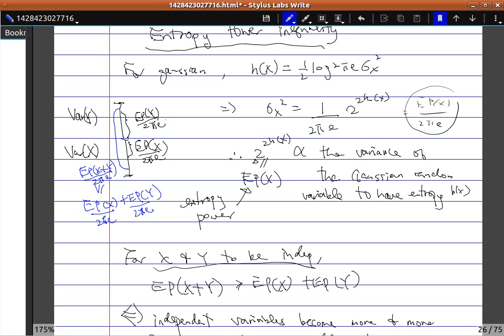So that the sum will become more Gaussian than the originals. And that's basically the intuition behind the entropy power inequality.